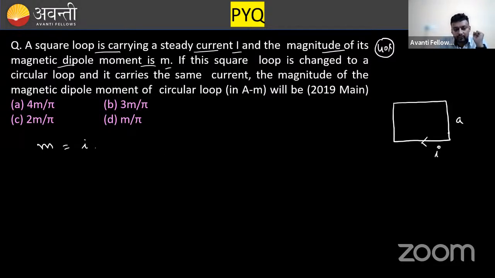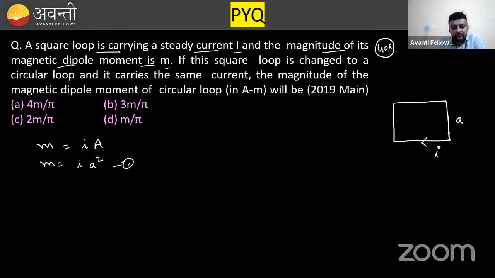The general formula of magnetic moment is I into A, or you can say NIA. N is the number of turns, but number of turns are not here. This is only a single loop, so N is 1. So M will be I into a square, since this is a square. Let it be equation number 1.